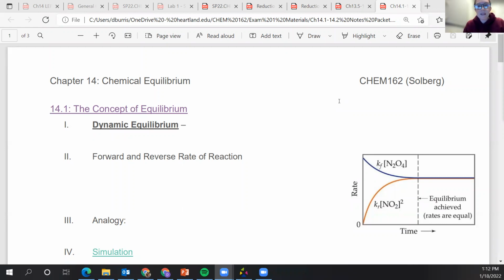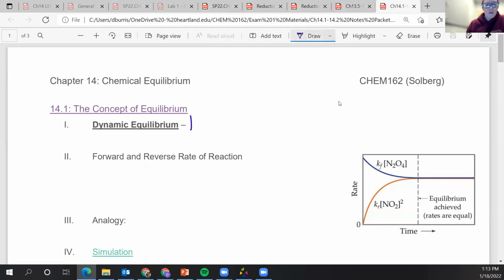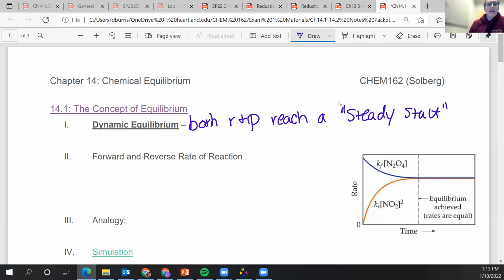So what happens at equilibrium for a reversible reaction is when both the reactants and the products reach what's called a steady state. Okay, so that's what I'm going to define this as. Both R and P, reactants and products, reach a steady state. And actually what that means is the concentrations of the forward and the reverse reactions stop changing, but the reactions are still happening.